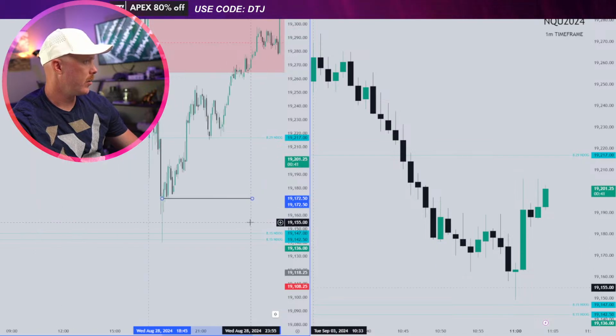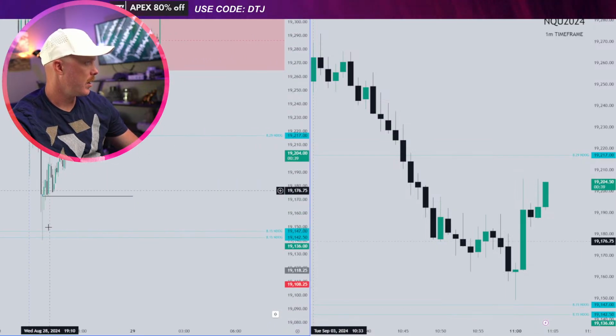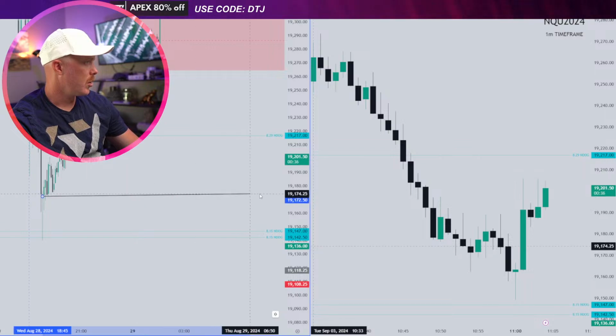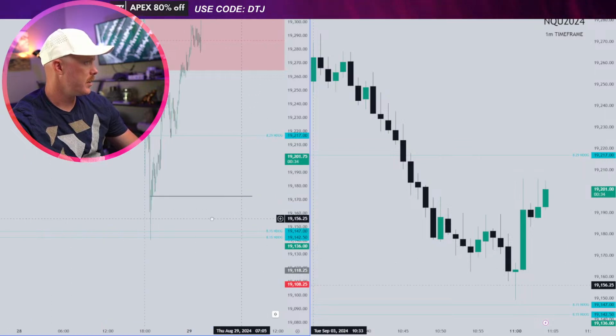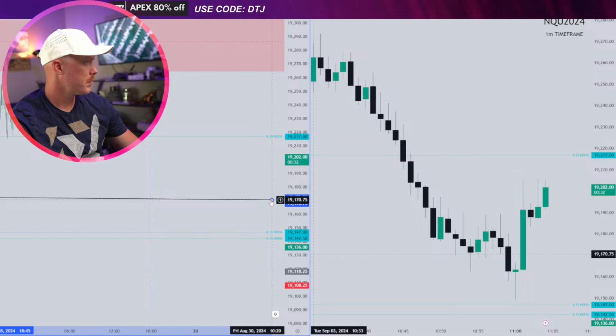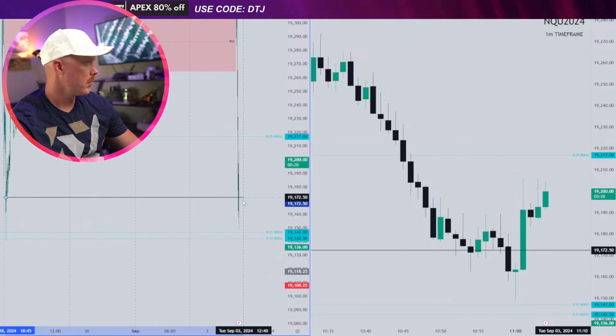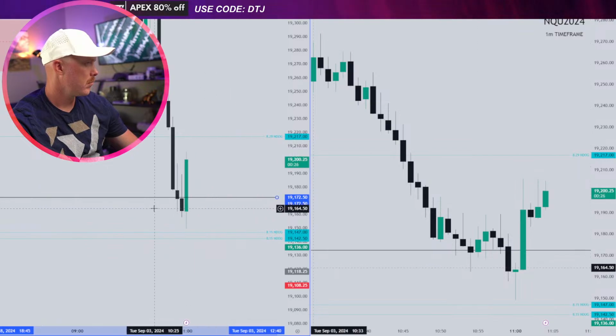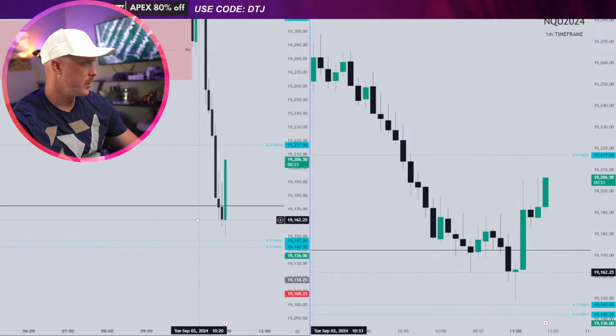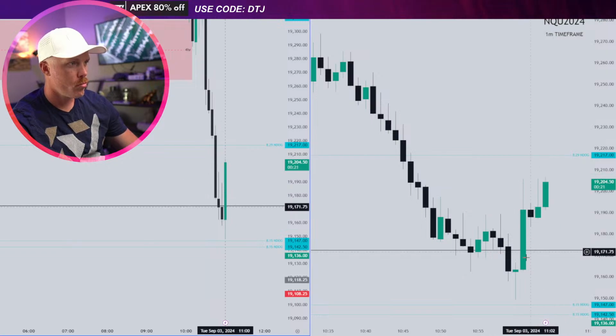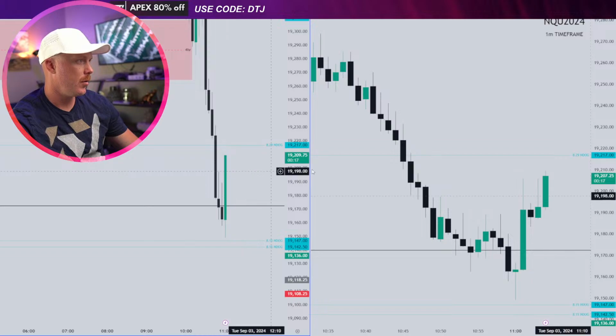Everything below that candle, this wick, is called a rejection block in ICT's concepts. That's a rejection block. And based on this reaction here, tells me we are probably moving in the other direction.